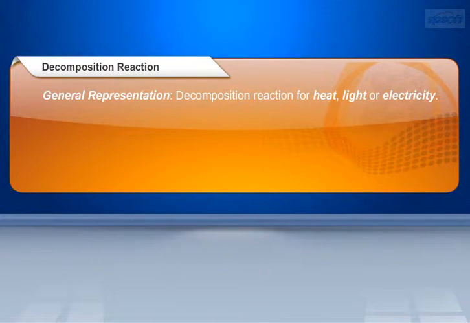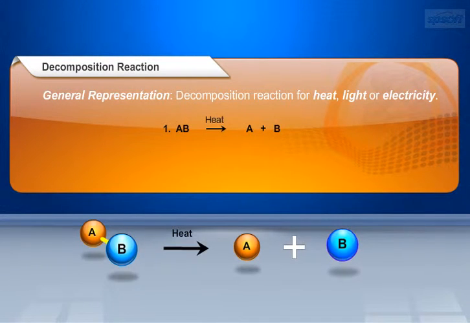The general representation of a decomposition reaction for heat, electricity, or light is: AB gives A plus B on applying heat, or AB gives A plus B on applying electricity, or AB gives A plus B on applying light.